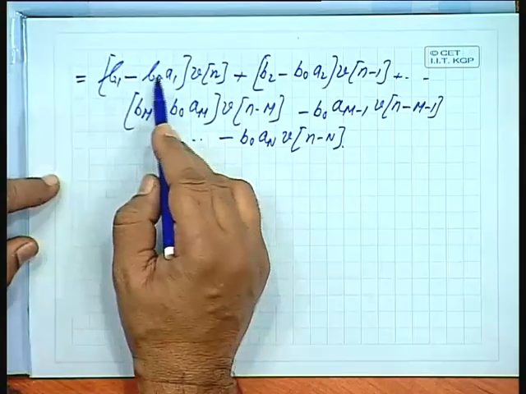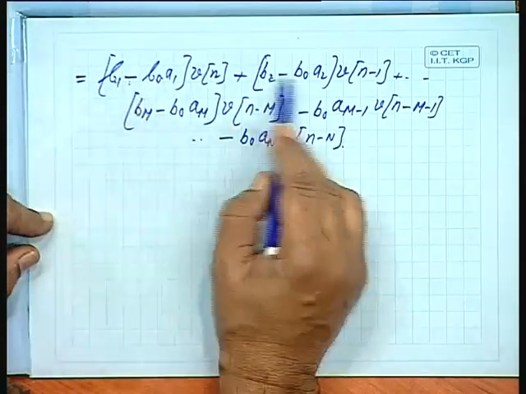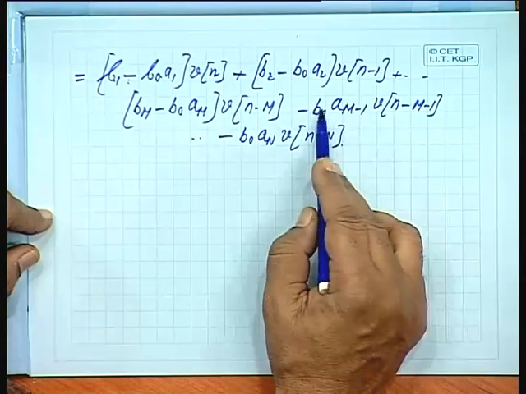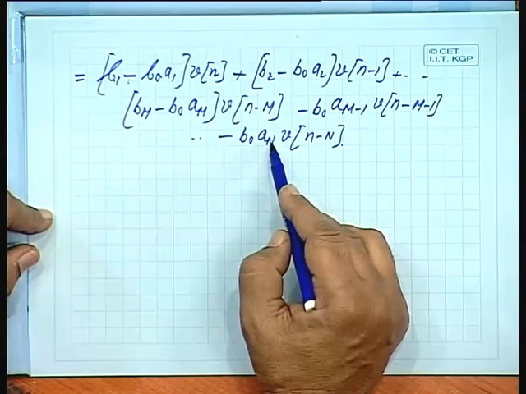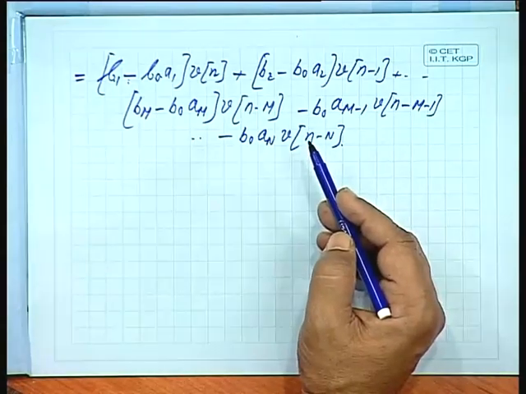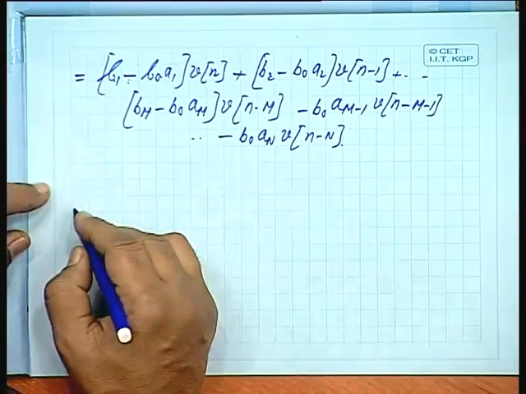It will come as a difference of these two terms only up to the mth term. After that it will be a single coefficient, because the numerator is of mth order, denominator is of higher order, nth order.